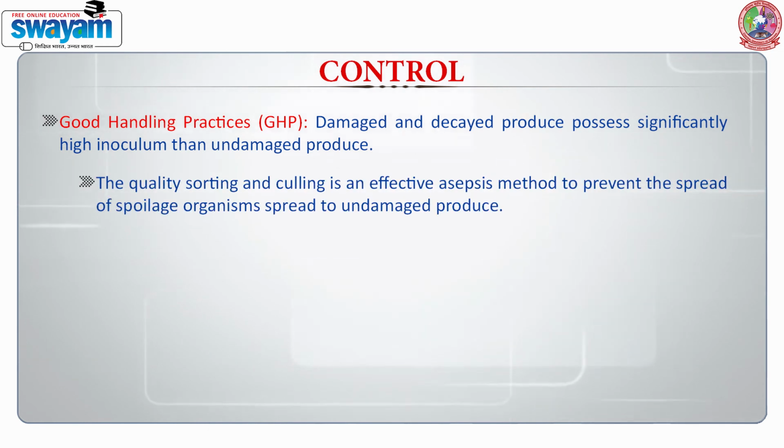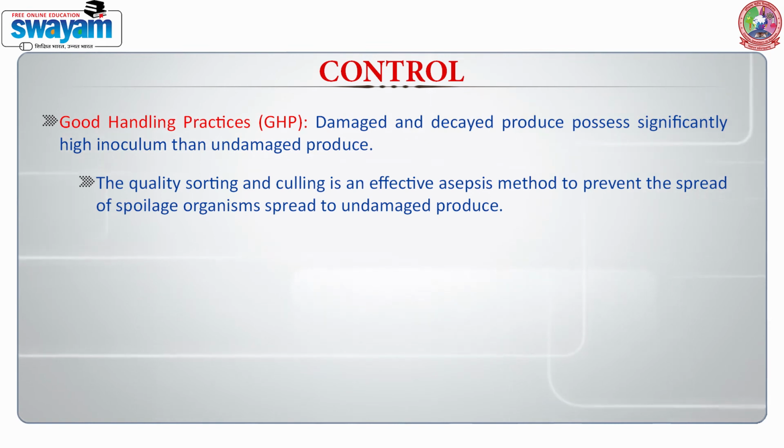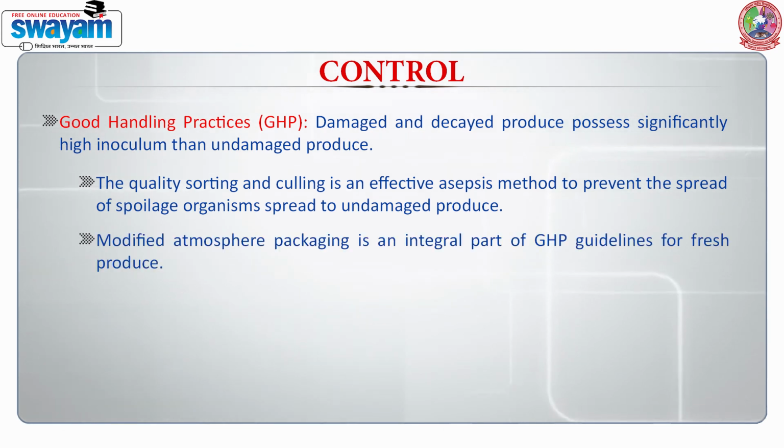Therefore, quality sorting and culling is an effective asepsis method to prevent the spread of spoilage organisms from the damaged to the undamaged products. In this direction, there is another technique which is known as modified atmosphere packaging.